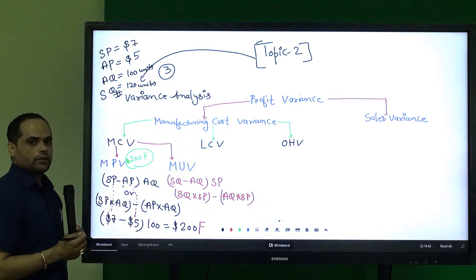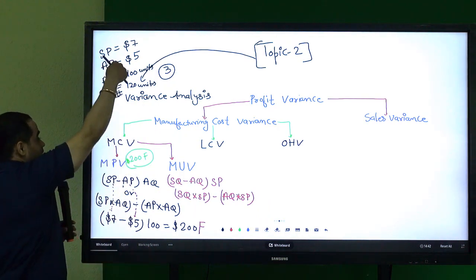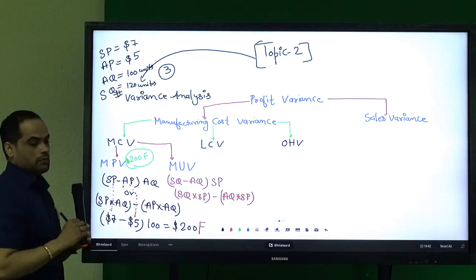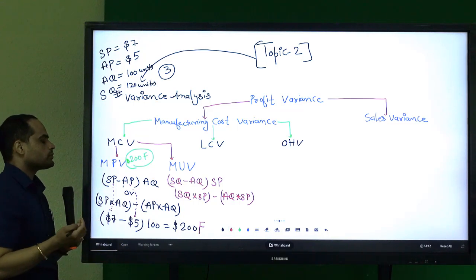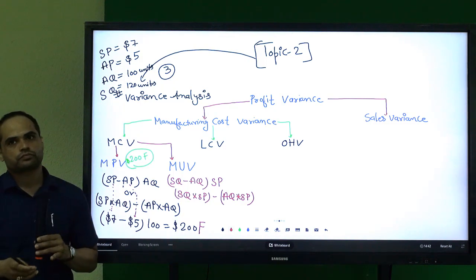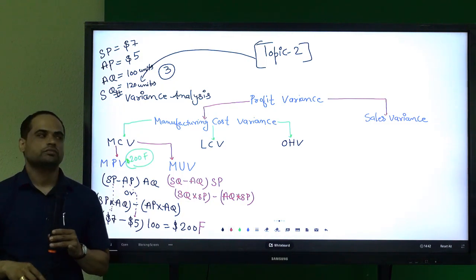So we're going to use the same numbers to estimate the material usage variance.